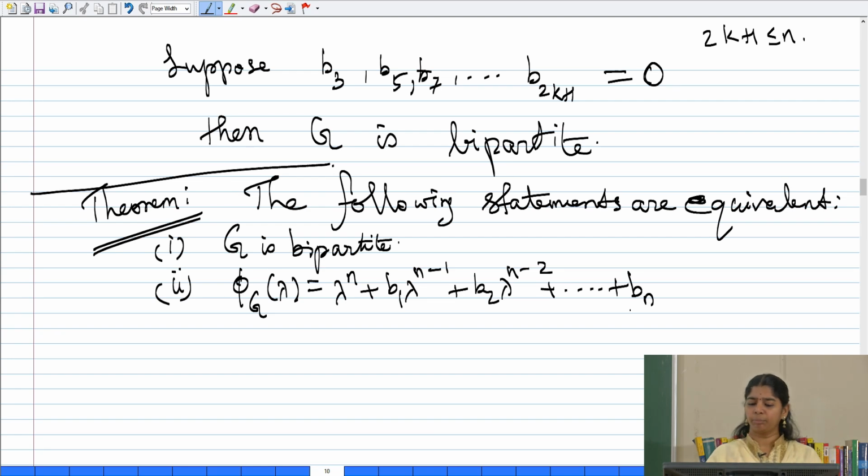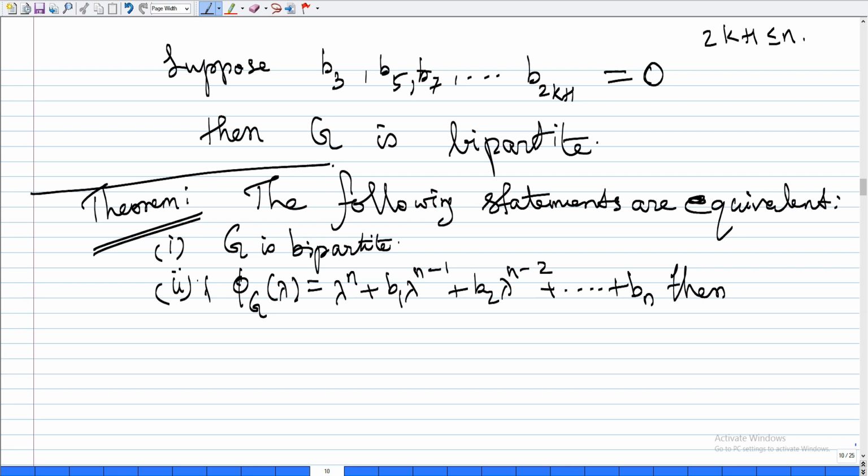In this characteristic polynomial, if G is bipartite, then all b_(2k+1) are 0, where k runs between 1 and n, or n by 2, whatever, you can just understand this fact, right.